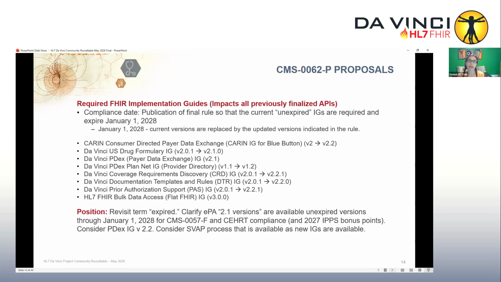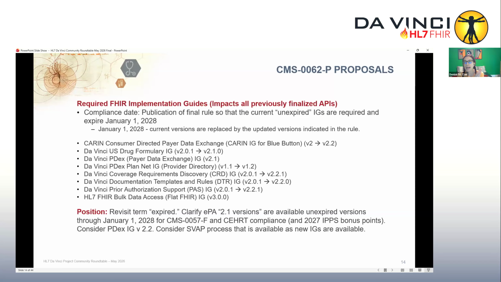So the provider access API, the patient access API, payer-to-payer API, and prior authorization API are all impacted by this proposal. And the compliance date would be as of the publication of the final rule, so that current unexpired IGs are required and expire on January 1, 2028. And then on January 1, 2028, the current versions are replaced by the updated versions indicated in the rule.